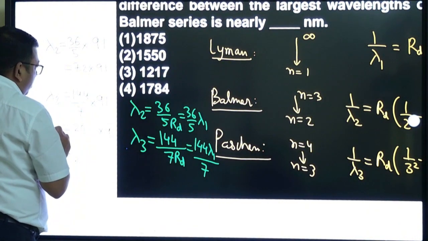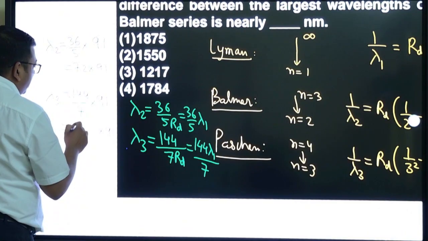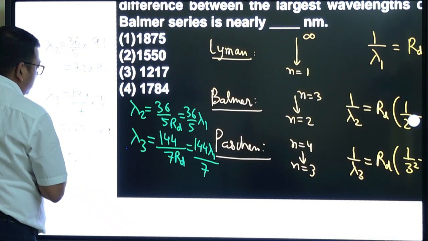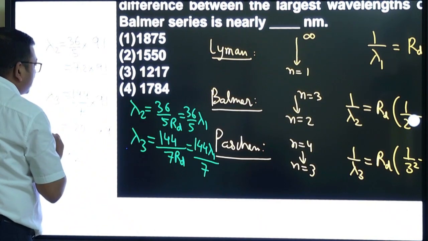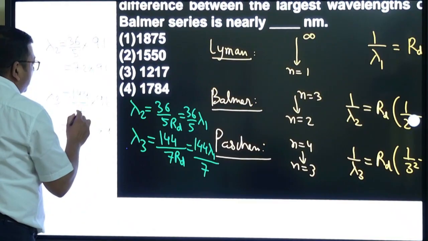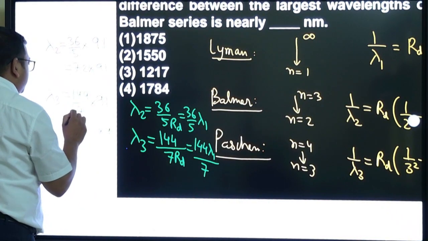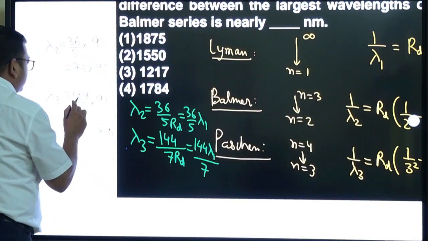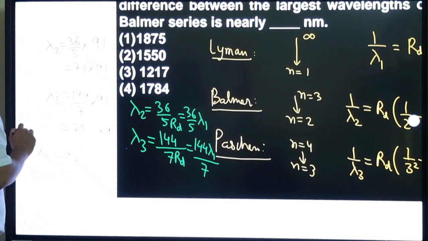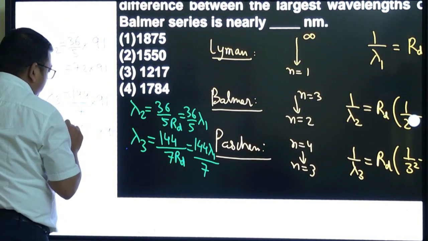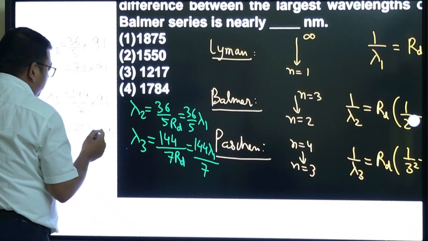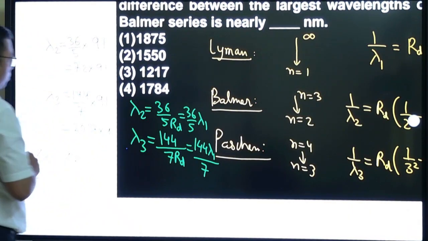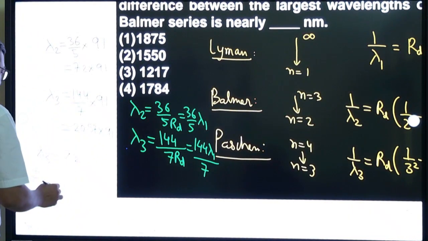If I take 147, I can use approximation, but here the values are close by, so better not to approximate. 7 into 14, then 4, 40 will come, so it is 20.57.